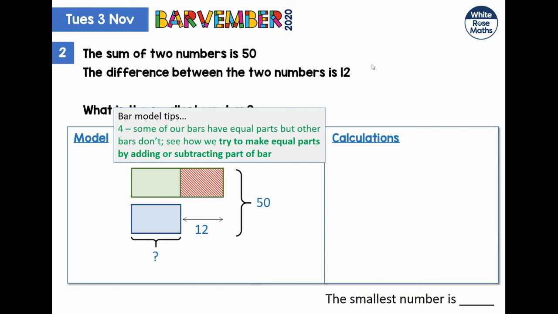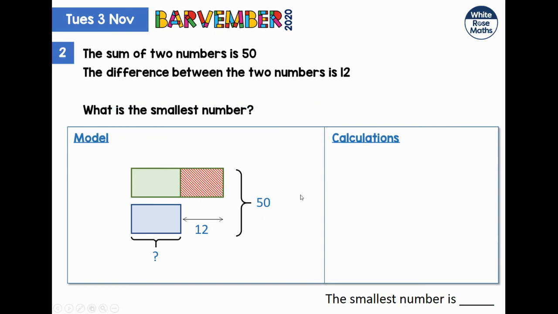If we get rid of this 12, which is the difference here, suddenly we see that we have 2 equal parts. So if we ignore this bit here, which is 12, then let's see what happens in the calculations. So instead of the bars adding up to 50, they add up to 38 because we've taken away this part of the bar here, which is 12.